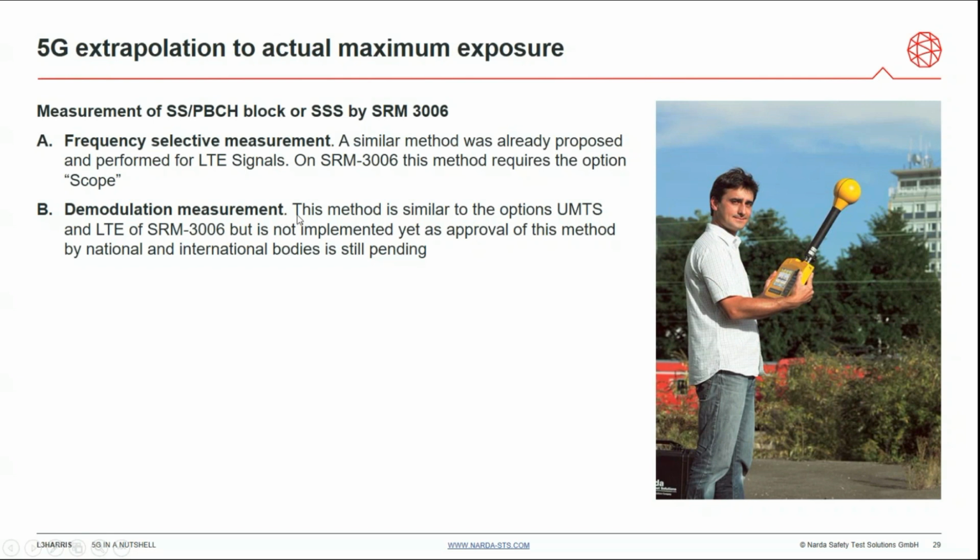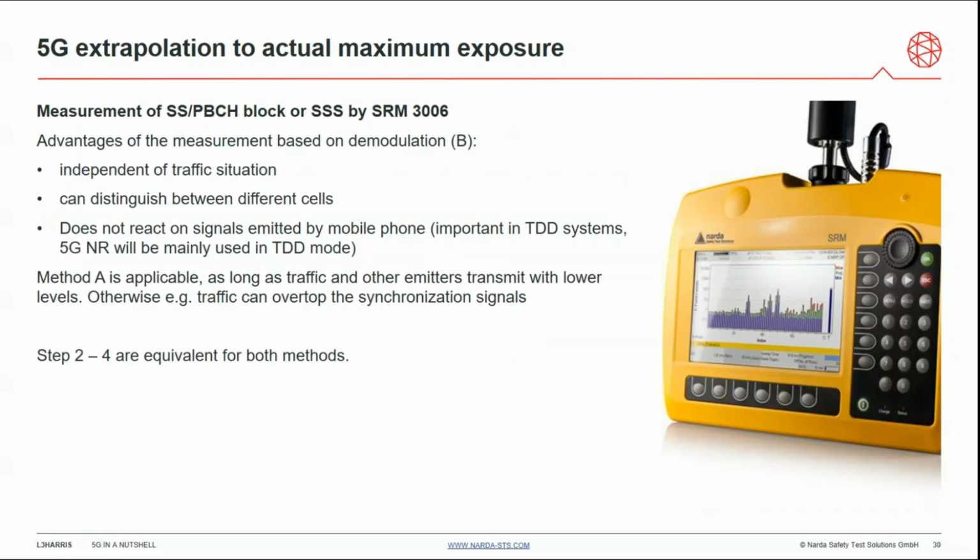Here we're still discussing, especially with the vendors like Ericsson and Huawei, which part of the signal we can refer to, which is stable and has a clear relationship between the maximum of the broadcast beam and the maximum of the traffic beam. Hence, approval of this method by national and international bodies is still pending.